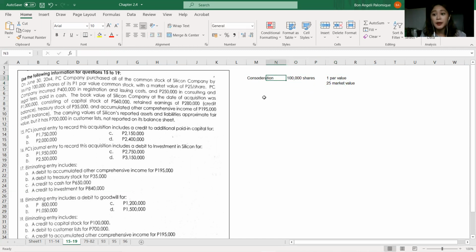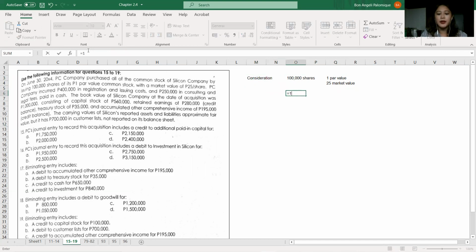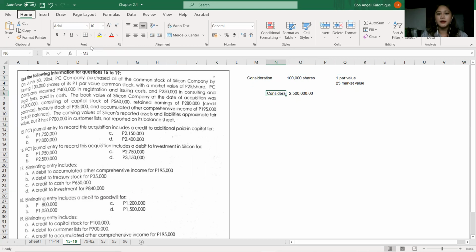Under chapter 1, sinabi na natin, alam na natin na yung market value yung kinukuha natin pag nagko-compute ng consideration. So, ang ating consideration is 100,000 times 25, 2,500,000. Ito yung computation in case hingin sa ating goodwill.